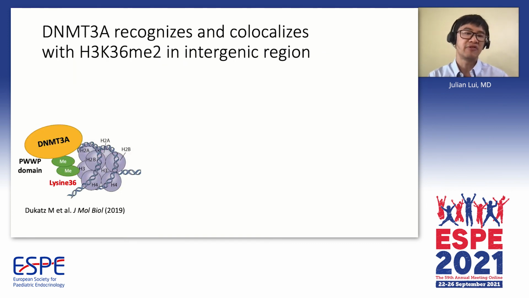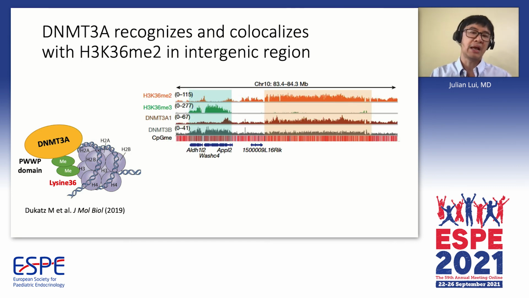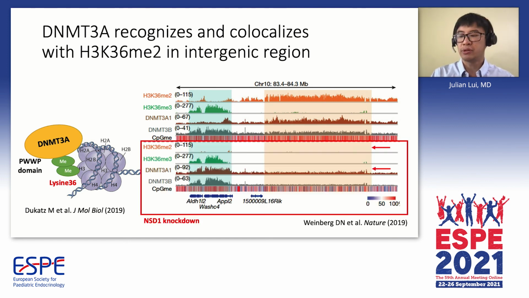It turns out DNMT3A has a PWWP domain that recognizes and binds to H3K36 dimethylation. In embryonic stem cells, H3K36 dimethylation and DNMT3A were found to colocalize in some intergenic regions.